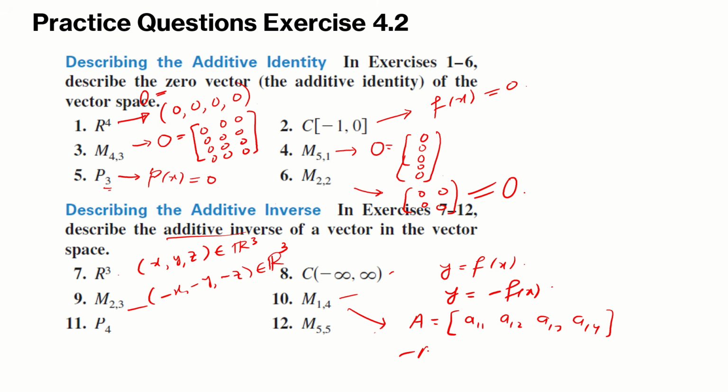Its additive inverse will be minus A, which will be minus A11, minus A12, minus A13, minus A14, and so on. Right, and obviously you can see the sum of these two matrices will be the identity matrix 0, 0.